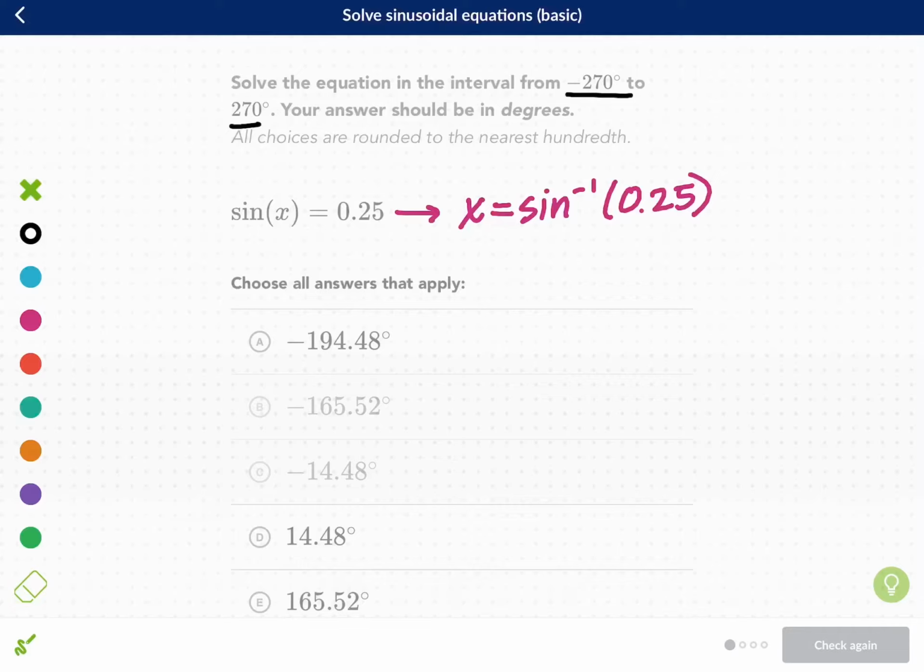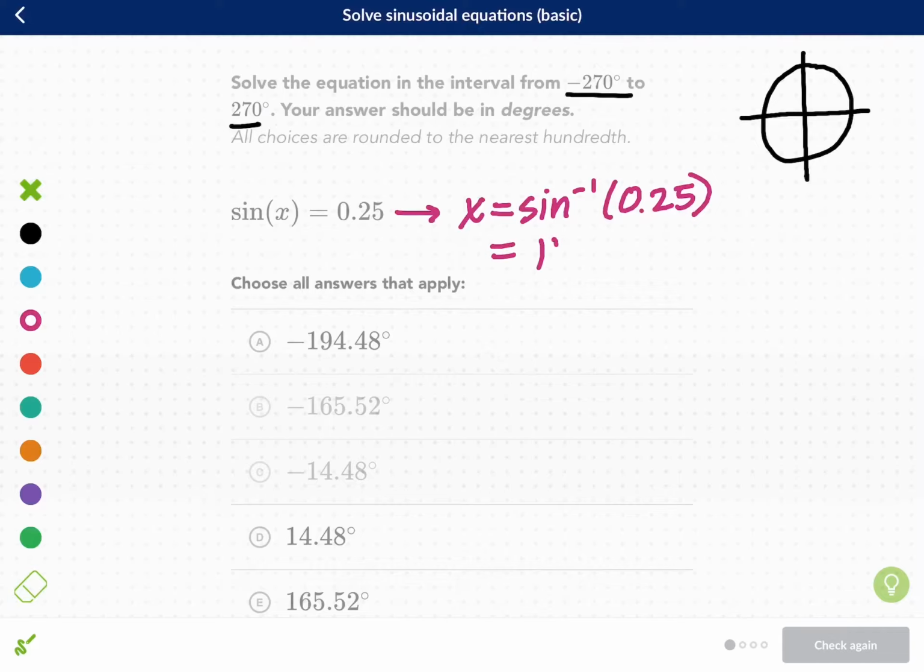I don't just want the principal solution. I want every possible solution from negative 270 all the way around to positive 270. So let's start off by finding the principal solution, that very first solution, making sure to switch my calculator back to degrees. I'm going to plug in inverse sine of 0.25.